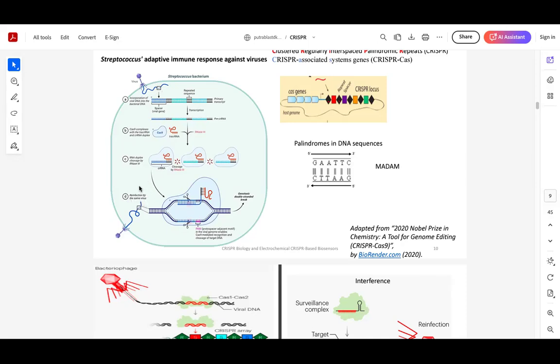Reinfection by the same virus and the Cas system, we will discuss this a bit more. It will cut, and because virus is defined by its RNA or DNA, once it is cut, now it's no longer function as a virus. So that's how the bacteria defends itself for future reinfection.